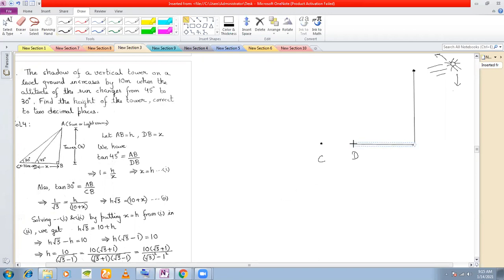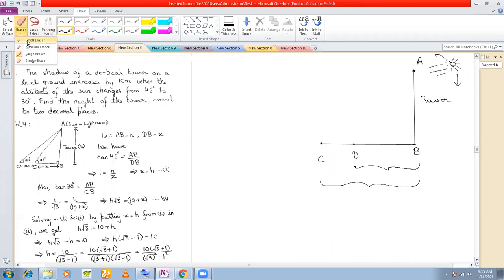Now the length of the shadow has increased from this to this. That means if I call this B, if I call this A, so this becomes your tower, and the initial length of the shadow was BD, and after the sun changed the angle, now the length of the shadow becomes this BC. That is what the meaning of the problem is.